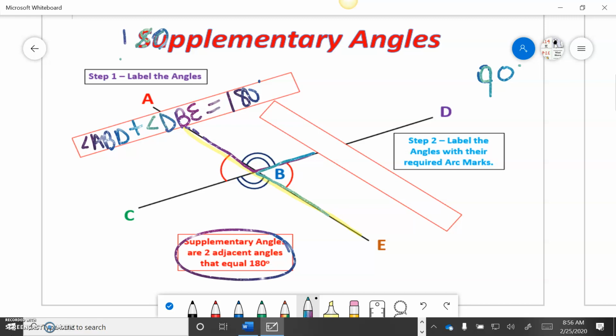We can also say we have ABC plus CBE equal 180 degrees. So remember, if it's a straight line, it's 180 degrees. But again, you can see here we also have our opposite, or our vertical angles, as well.